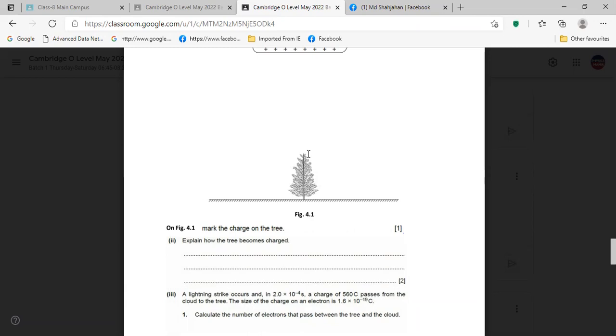Because they are attracted by the positively charged cloud, right? And at last you'll write, unlike charges attract. Is it clear, everyone? Yes, sir.